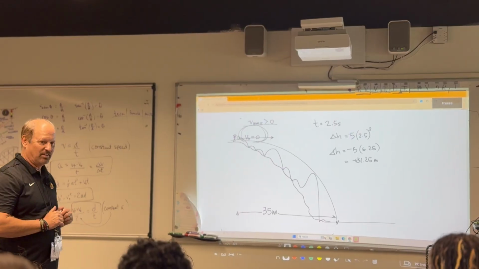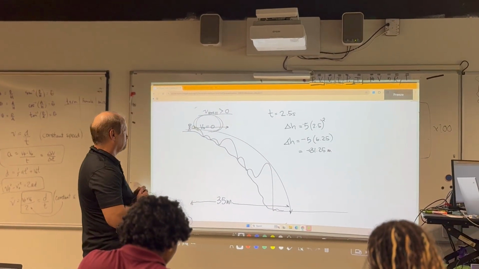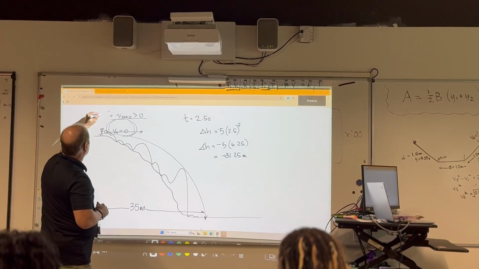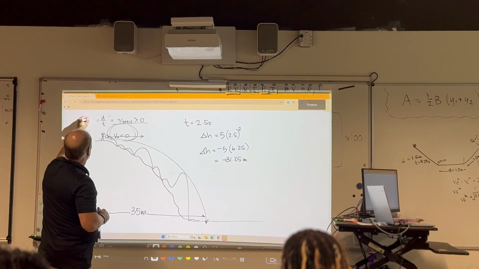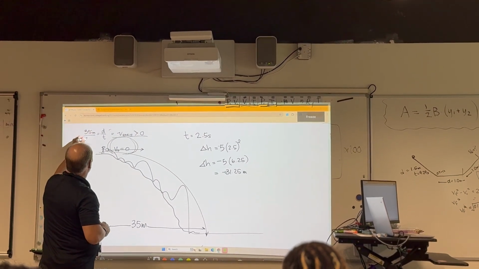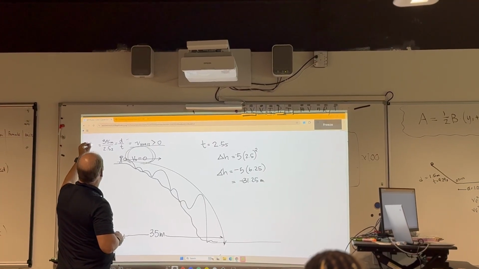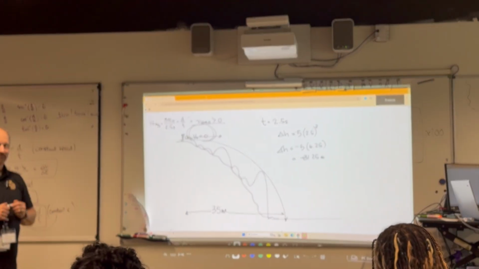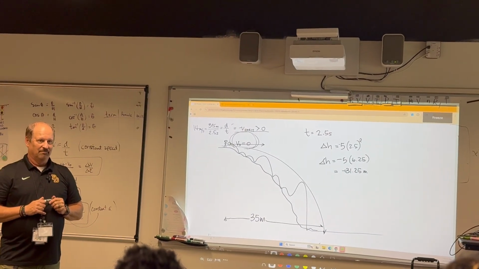Right. 14 meters per second? Does that make sense?